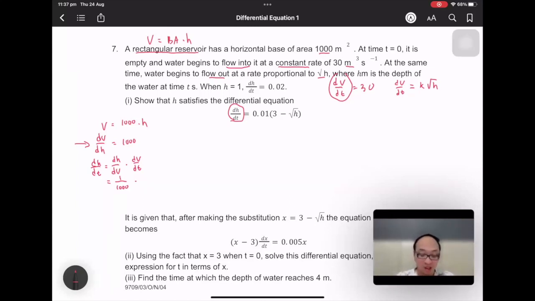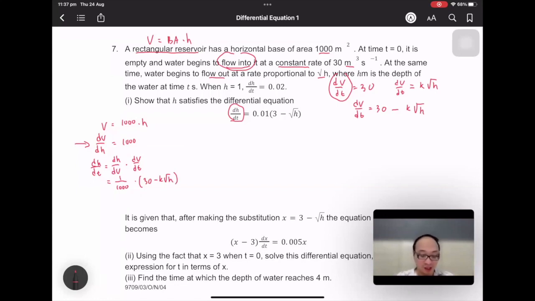Now the dV/dt here is about the water flow in and water flow out. So dV/dt is equal to 30 intake minus k root h for the flow out rate. So we can put it here: 30 minus k root h.